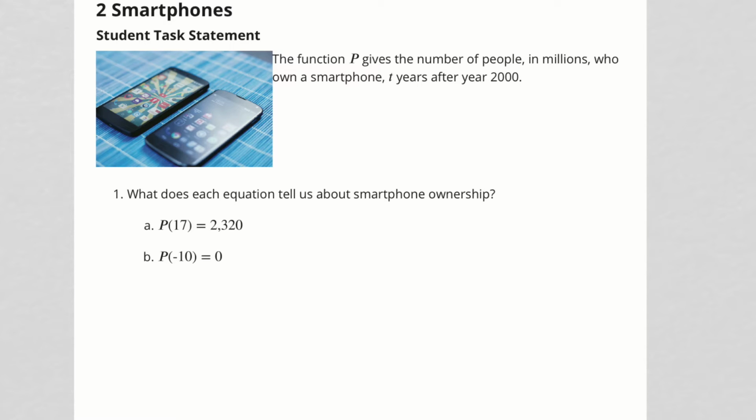What does 17 represent? Does that represent my time, or my number of people? 17 is t, so t equals 17. What does 2,320 represent? People.